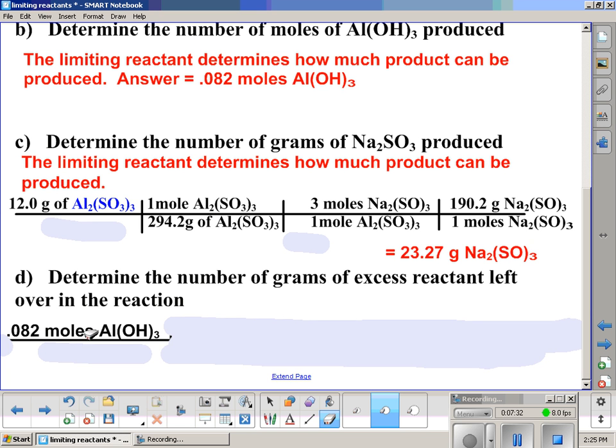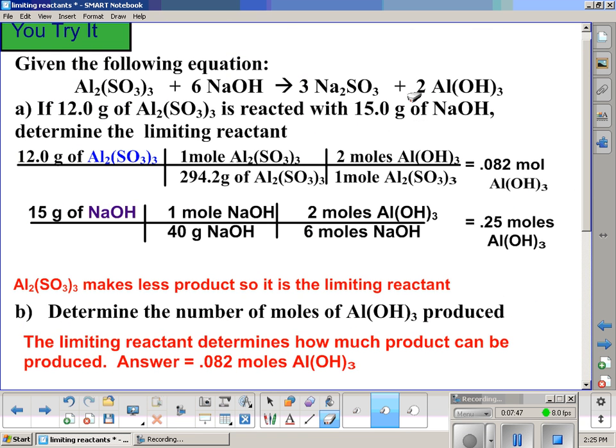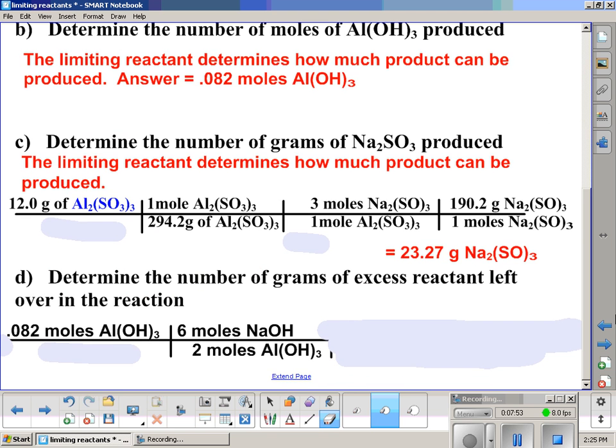Okay, so here we have our moles of aluminum hydroxide, and we can go straight to our mole to mole ratio. For every 2 moles of aluminum hydroxide, we have 6 moles of sodium hydroxide. And again, that has to do with the coefficient, 2 moles of aluminum hydroxide, 6 moles sodium hydroxide. Okay, that's our mole to mole ratio.